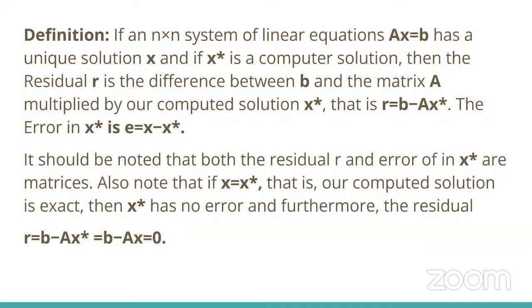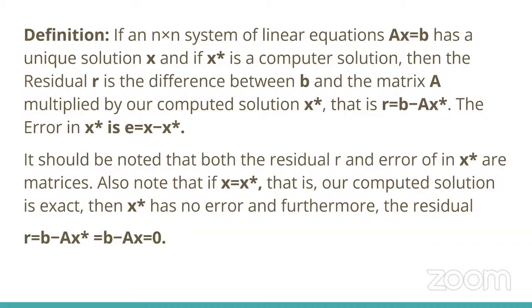The error is given as e equals x minus x star. It should be noted that both the residual R and the error of the approximate solution are vectors, not just values. Maybe A is 5, x is 2? No, all these things are matrices. I've said what they are, so I'll not repeat myself. That is our computed solution and our exact solution.